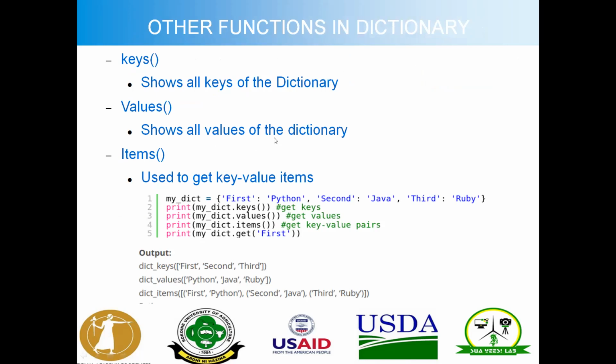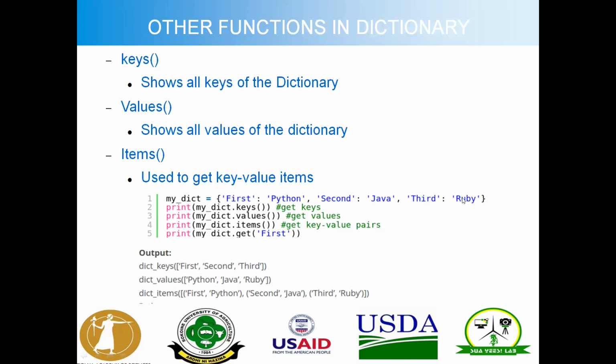We have other functions which can be applied on a dictionary. There is a function known as keys. There is a function known as values. There is a function known as items. The keys function shows all the keys from the dictionary. So for example, here we have 3 key value pairs. First with Python, second with value Java, third key with the value Ruby.